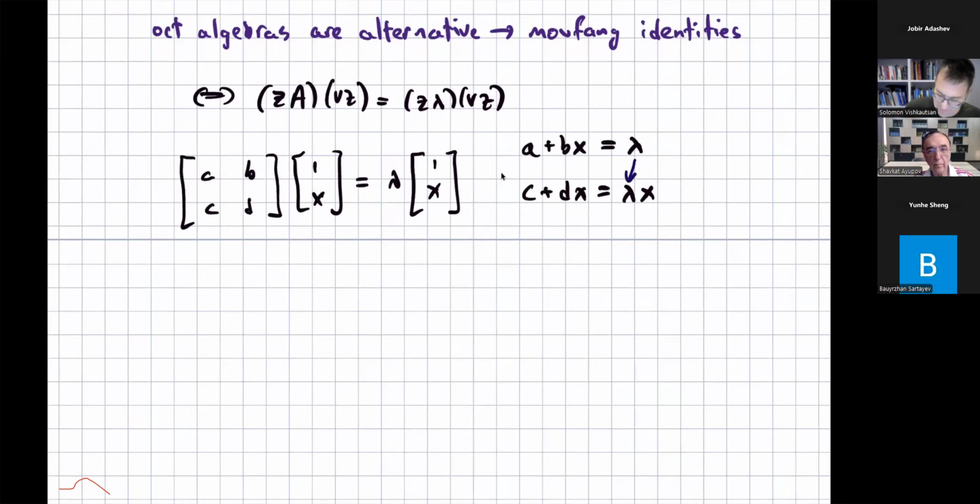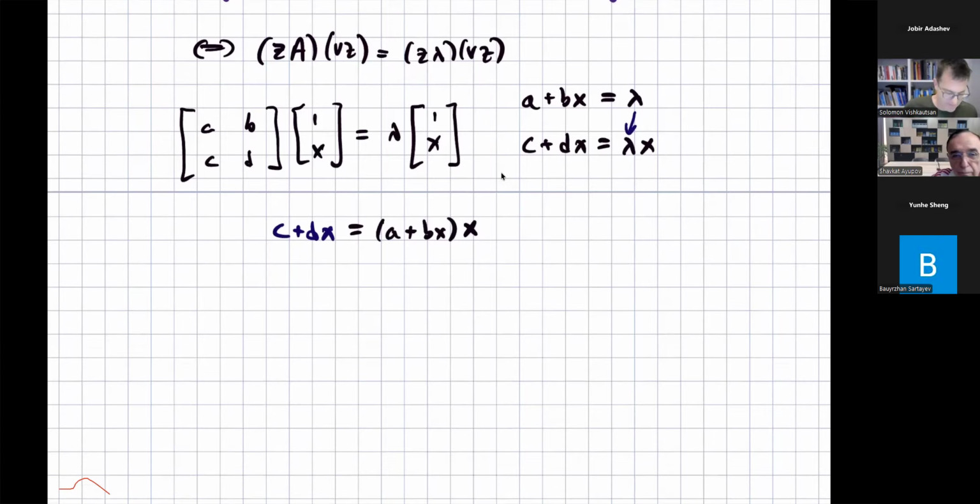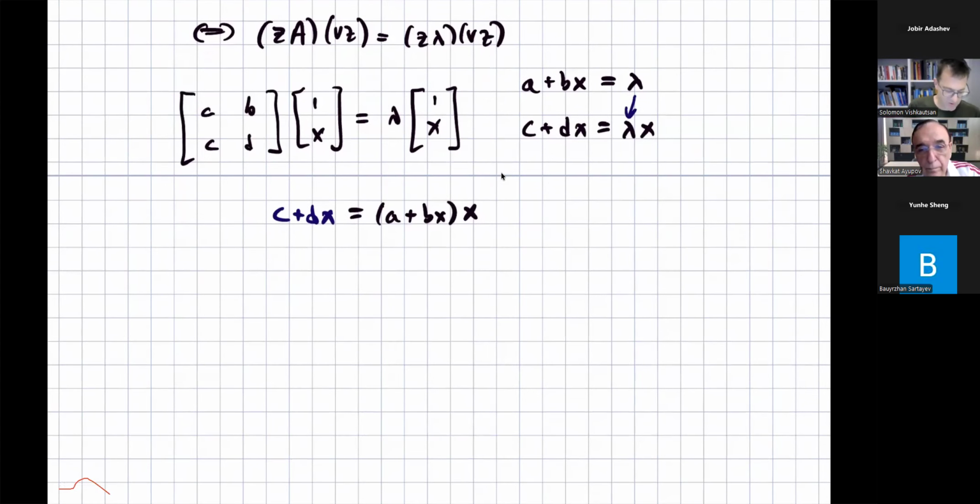And then, very simply, we substitute lambda in the second equation, and we get C plus dx equals (A plus bx) x. And we get the following condition on x.